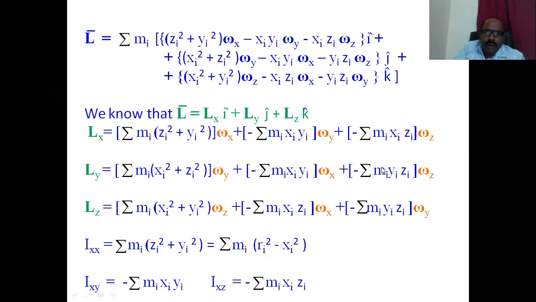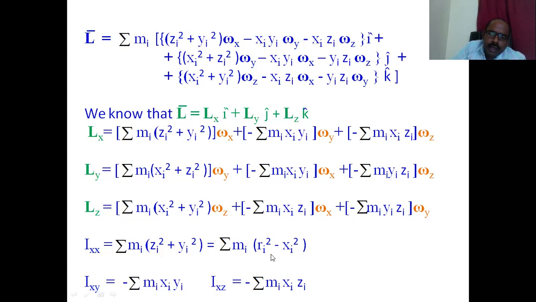Now from the above equation it is clear that Ixx is equal to summation mi times zi square plus yi square. We can write it in other terms also: summation mi times ri square minus xi square. Since we are subtracting xi square from ri square, we write it as Ixx.